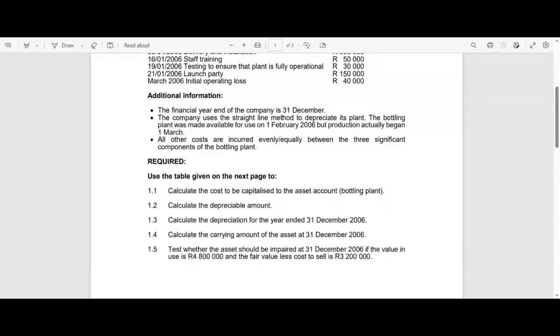Philosophically, your depreciable amount is the value of the asset that you are going to consume during its useful lifetime by using it. Right. That is what your depreciable amount actually represents.